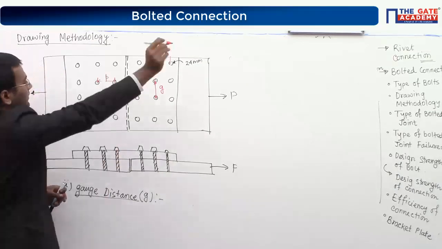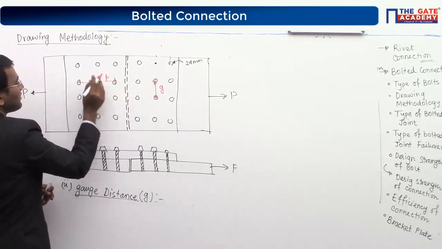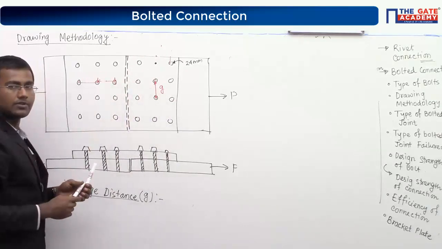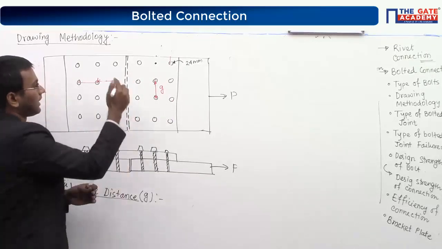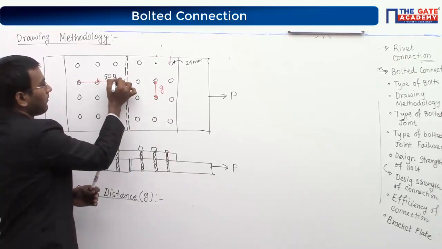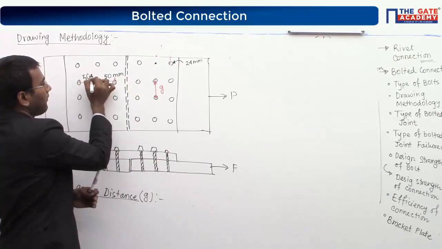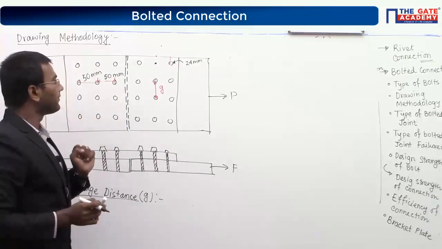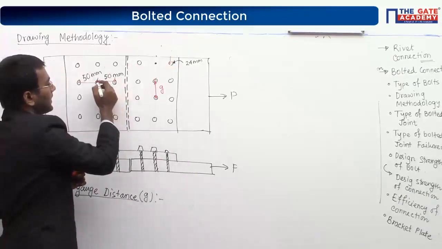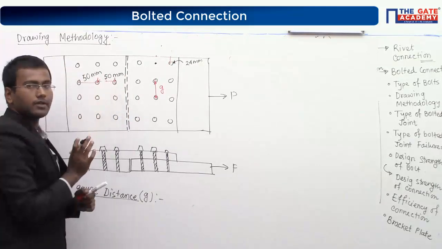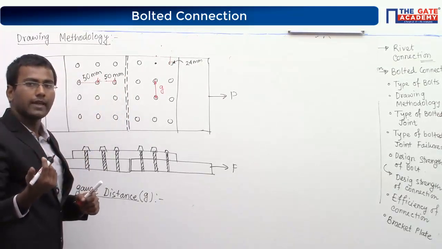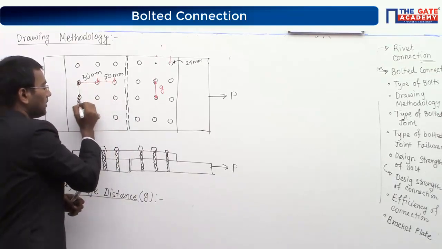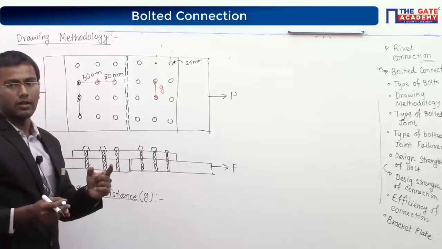Sir, what is the meaning of that line? Just imagine you have provided a symmetrical connection like this, and the pitch distances are also provided symmetrically. Here you have provided 50 mm, 50 mm, and here you also provided 50 mm. If pitch distances are provided symmetrically and we also provide the gauge distance symmetrically, then from here to here as well as here to here, I will try to maintain the minimum distance.